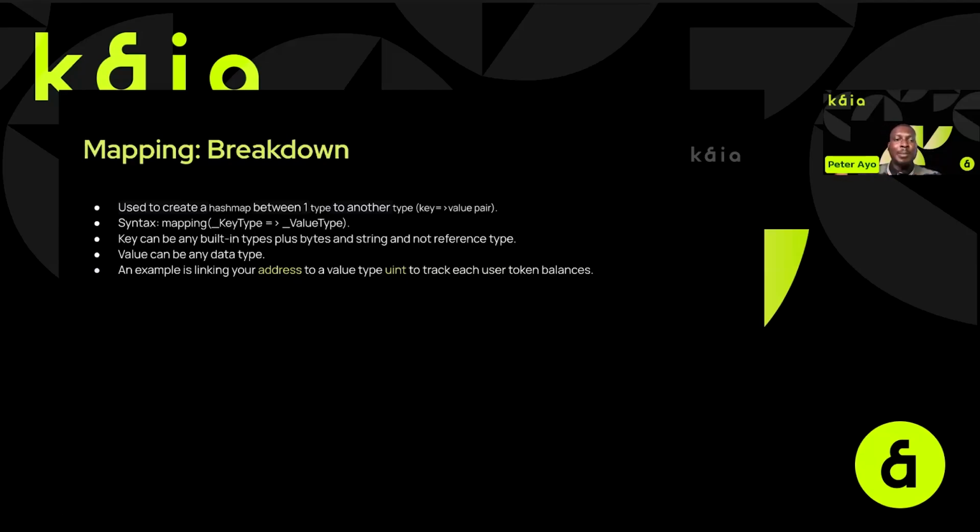So when you're writing your mappings, you can't use a reference type, but you can use any type of value type. Also, your value can be any data type, meaning that any value associated with a key can be any data type.